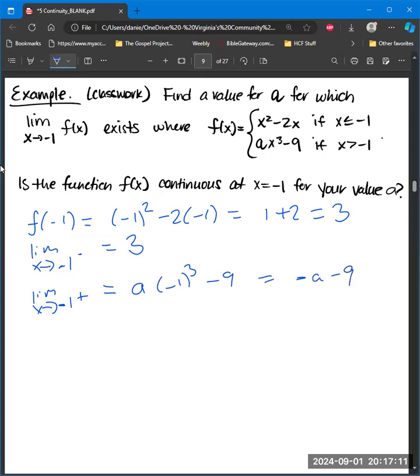And so now for part 3, I need to make the function value equal the limit here. So negative a minus 9 needs to be equal to 3. Add 9 to both sides, and negative a is equal to 12, and a has to be negative 12.